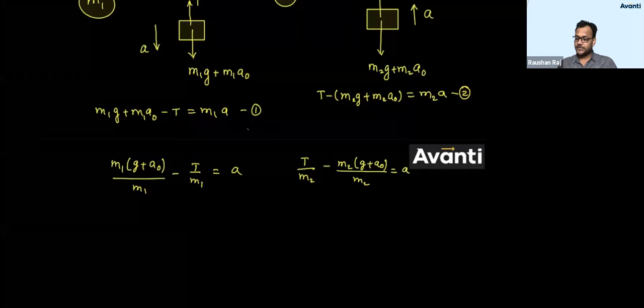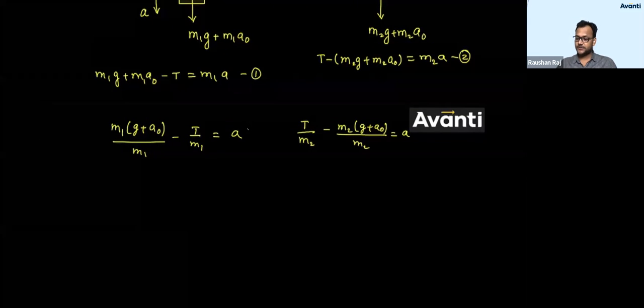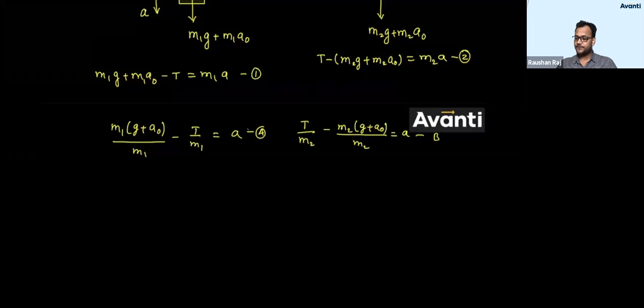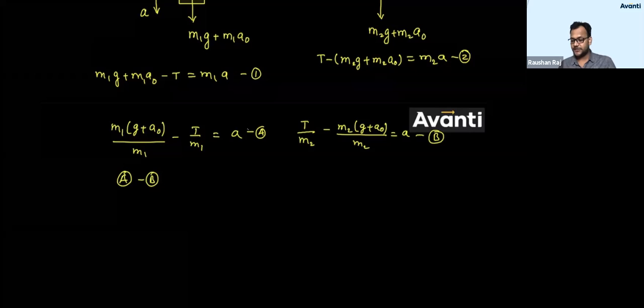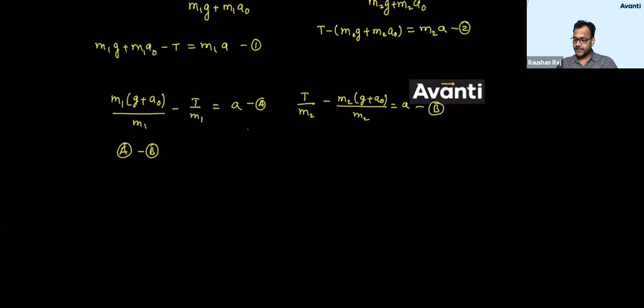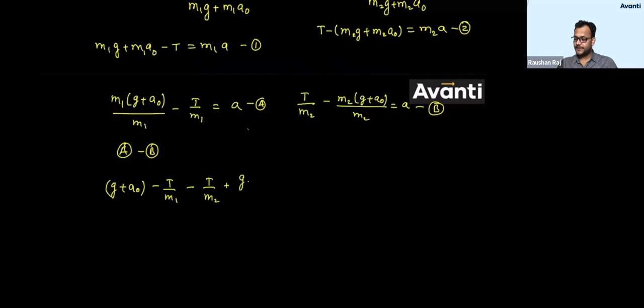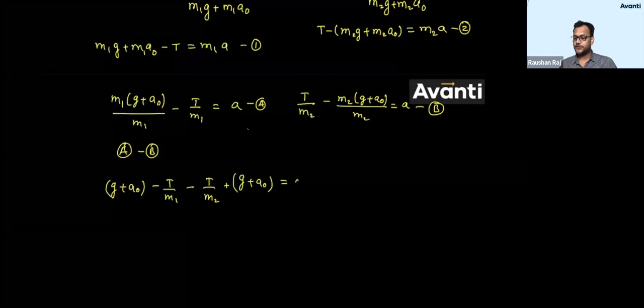If I subtract these two equations, if I say this is equation A and this is equation B, and I subtract A from B or B from A, whatever, I subtracted B from A. So I'll get the answer as m1 cancels, so I'll get g plus a naught minus P by m1 minus P by m2 plus g plus a naught equal to 0.